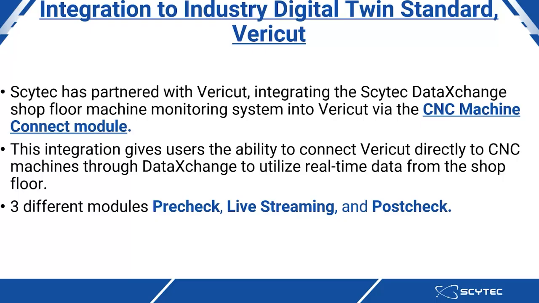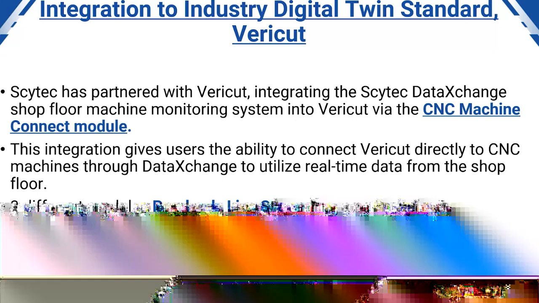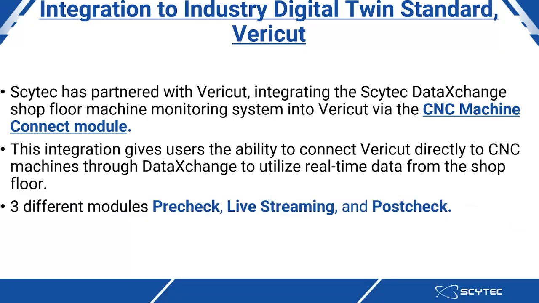We have 2 separate webinars with CG Tech specialists that go over all of the provisions of this exciting integration, which you can find online or on our YouTube channel. This integration gives users the ability to connect Vericut directly to CNC machines through DataXchange to utilize real-time data from the shop floor.